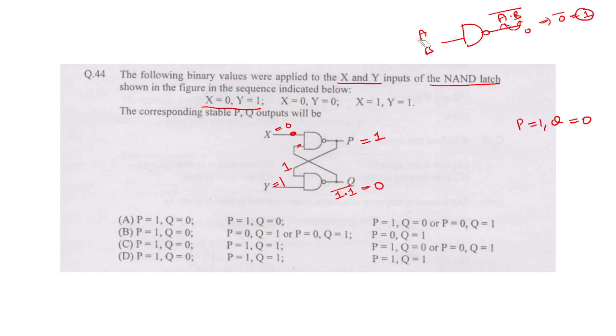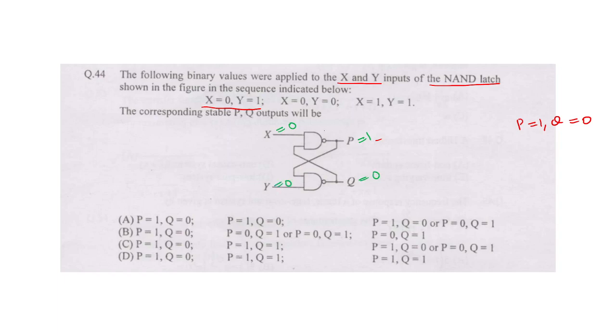Then erase this, okay? Just erasing. Then x is 0, P is already 1, Q is 0, then x 0, y 0.